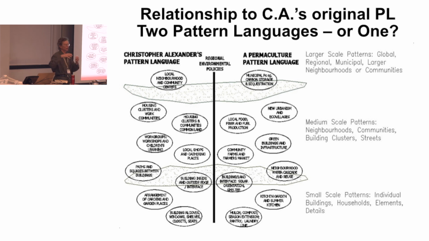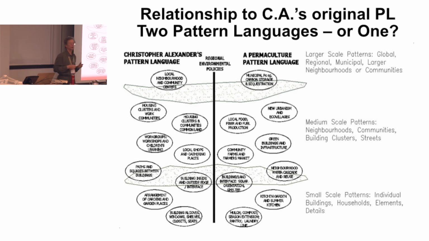So we're kind of bringing an environmental focus to things like housing clusters and calling those eco-villages. Down here we're looking at housing clusters and communities of common land. And so that's great. We have common land there and the common use of land.